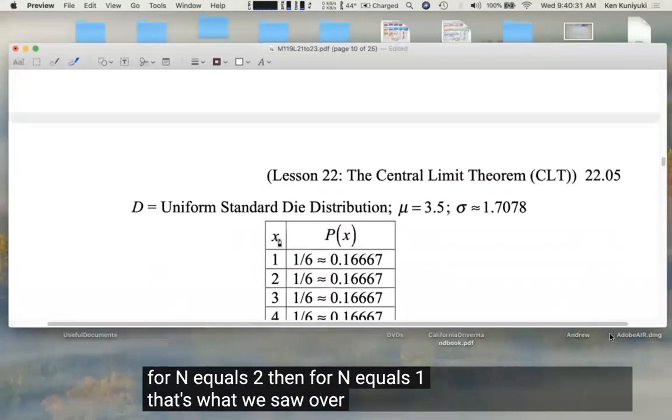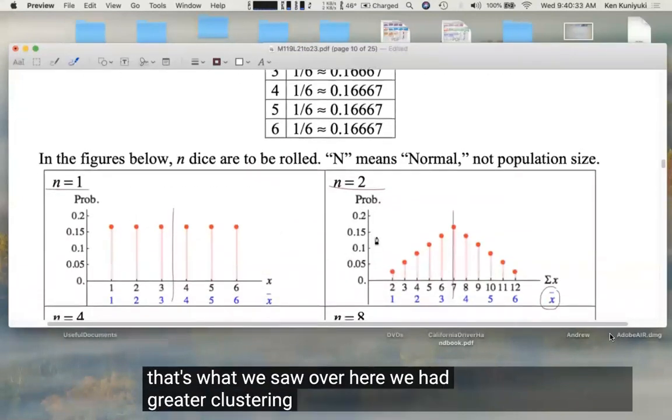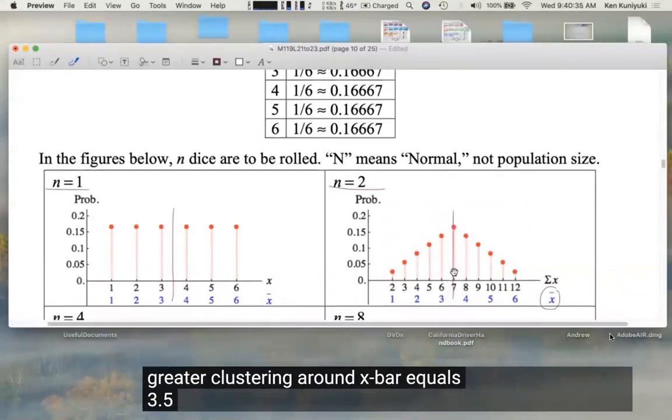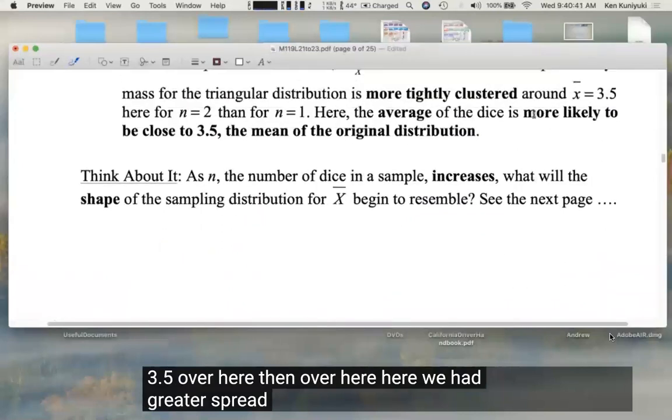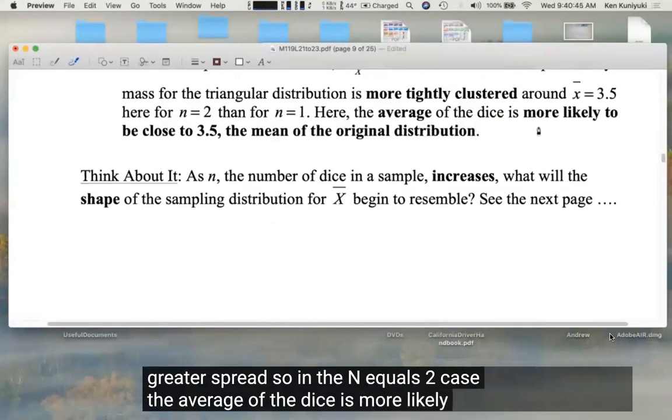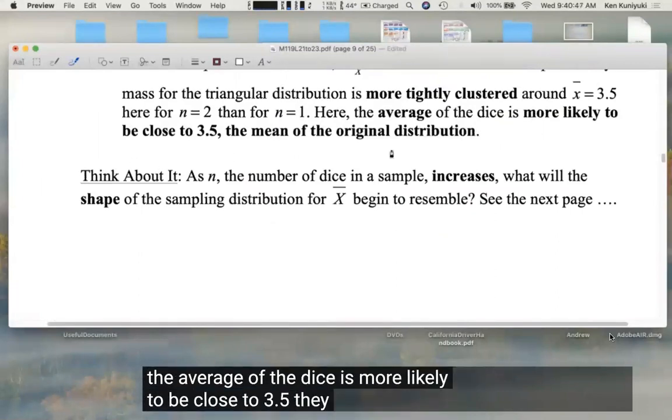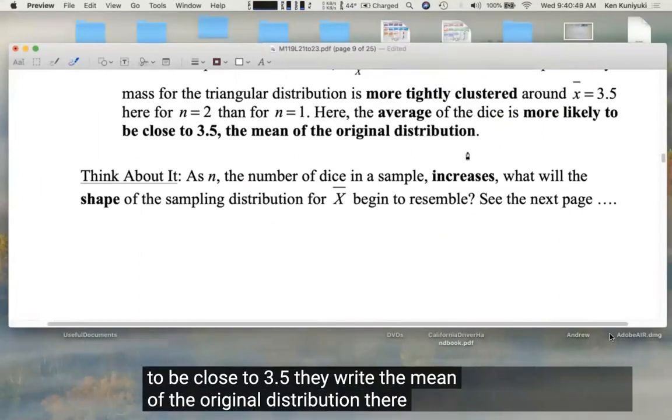That's what we saw over here. We had greater clustering around X bar equals 3.5 over here than over here. Here we had greater spread. So in the n equals 2 case, the average of the dice is more likely to be close to 3.5, the mean of the original distribution. There is tighter clustering.